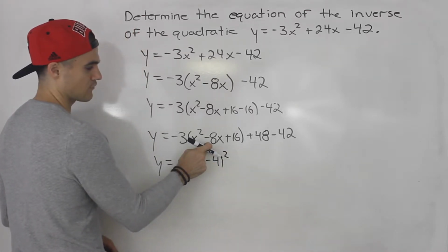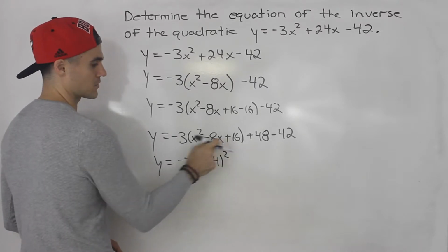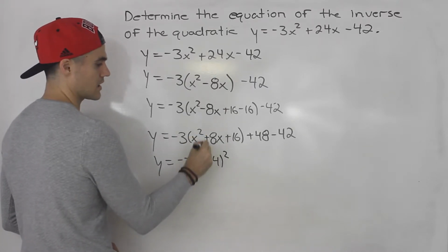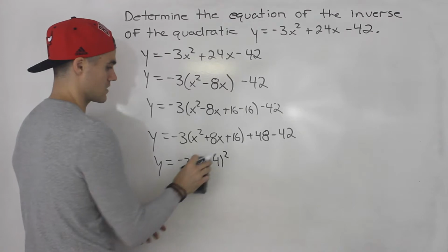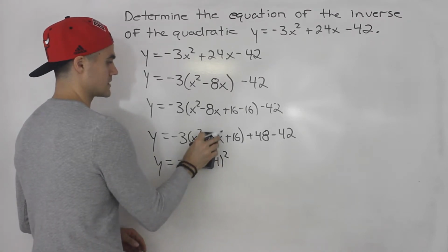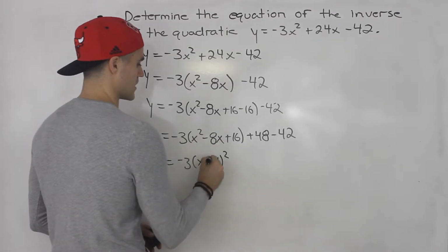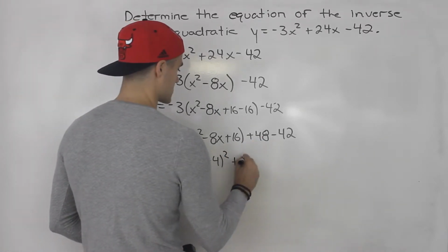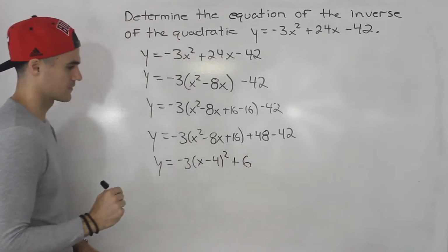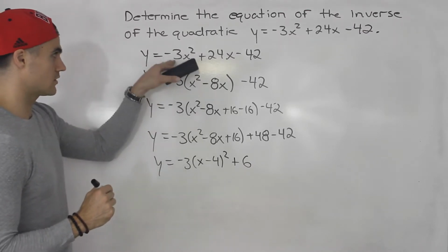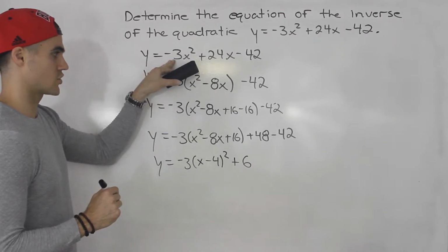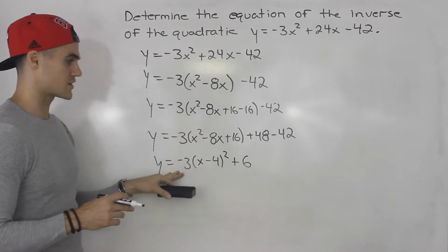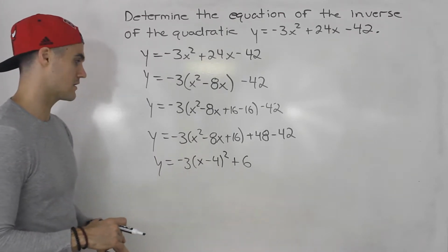This number is always half of this number, or the square root of this number, and then the sign is always the same. So if this was plus, this would be plus as well, but it was minus. So this is minus as well. And then 48 minus 42, that is just positive 6. Right? So we took this quadratic in standard form, converted to vertex form, and now we can find the inverse.